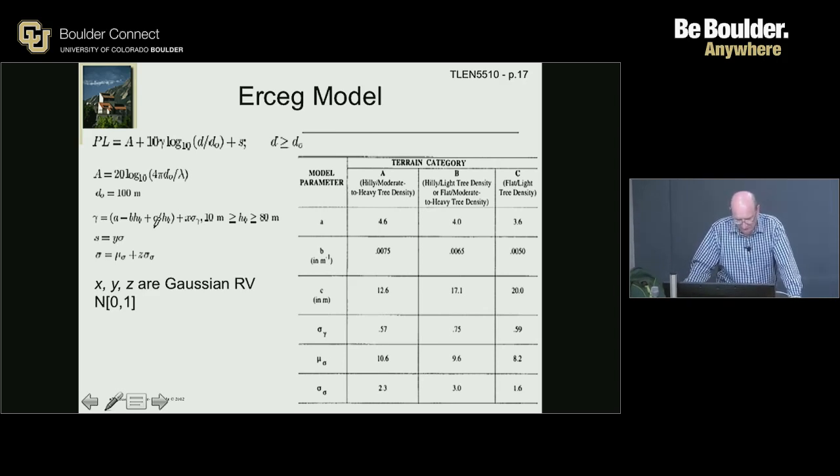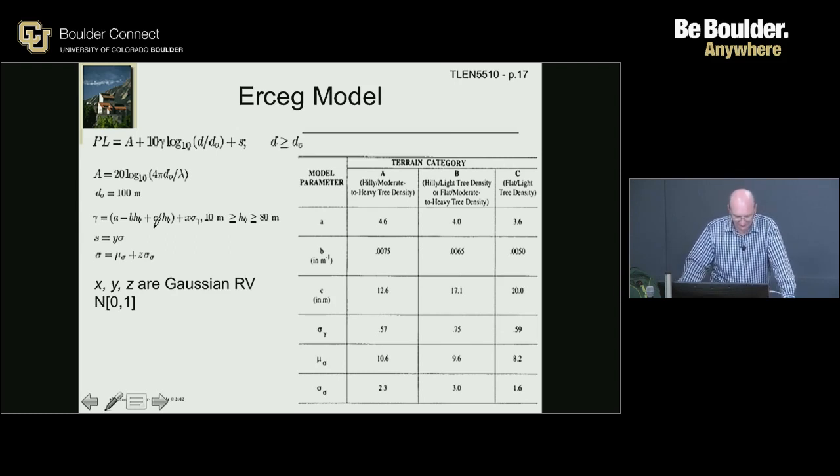And to make this model simpler, they say, well, let's call X, Y, and Z the Gaussian random variable of mean 0 and of standard deviation 1. So that term really is a Gaussian random variable of 0 mean and standard deviation sigma gamma. The other interesting one is S up here, which is itself a random variable of standard deviation sigma, and sigma itself has a certain mean and a certain standard deviation.